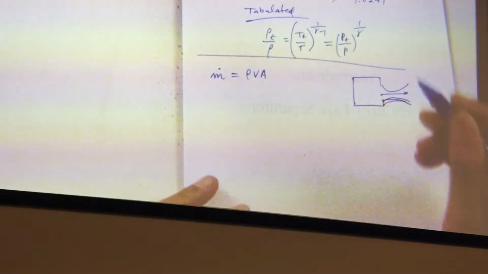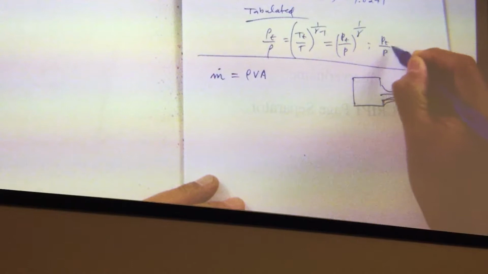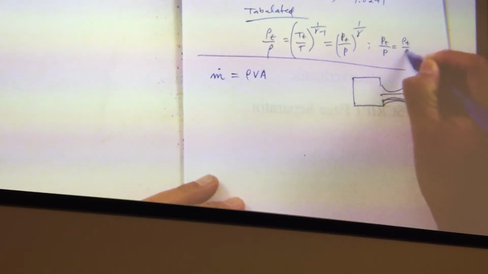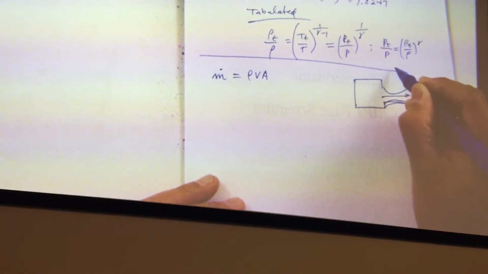Or you can say, for example, how do you check? You can say P_T over P is equal to rho_T over rho to the gamma.